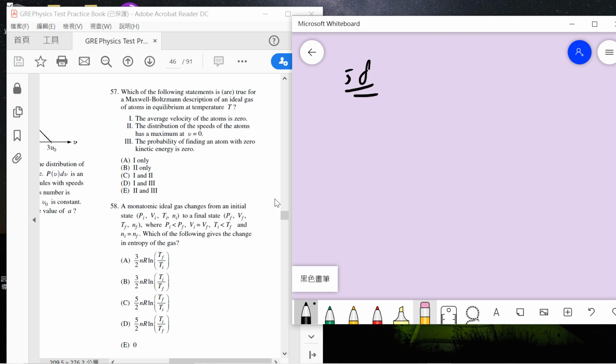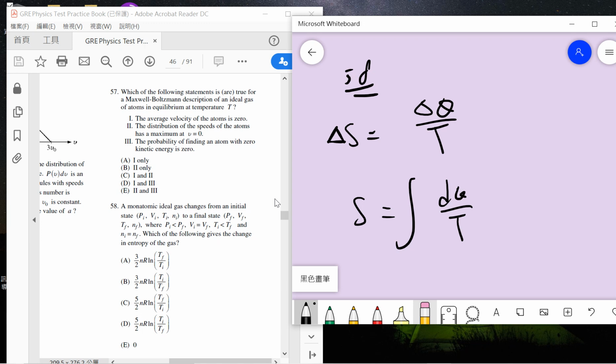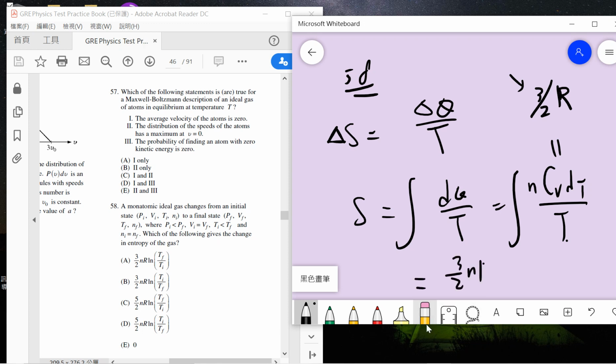So basically, entropy is just dQ over T. When the volume is fixed, the work is 0, so dQ is basically n Cv delta T. For a monatomic ideal gas, this is 3 over 2 R. So the answer is 3/2 R ln of TF over TI. So the answer is A.